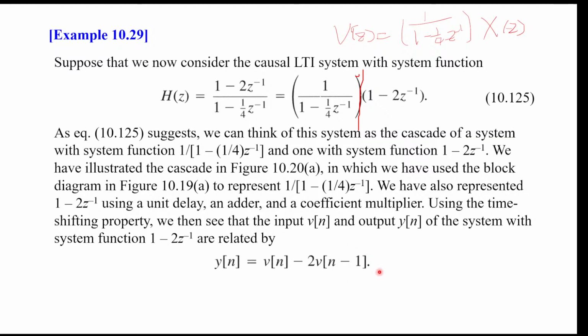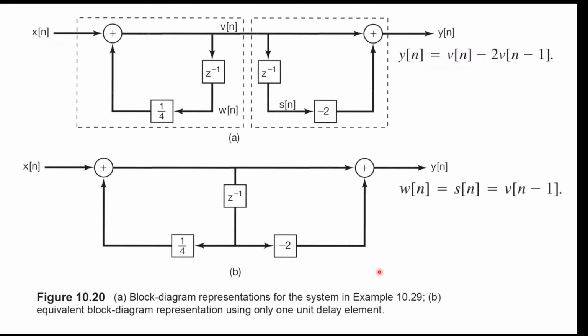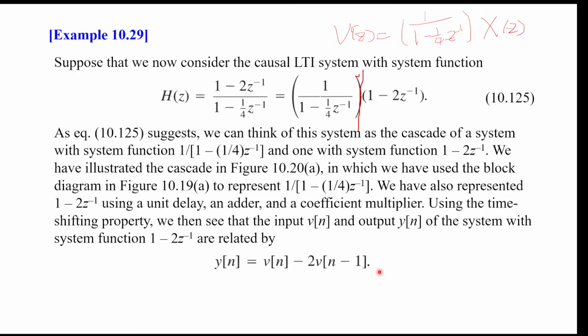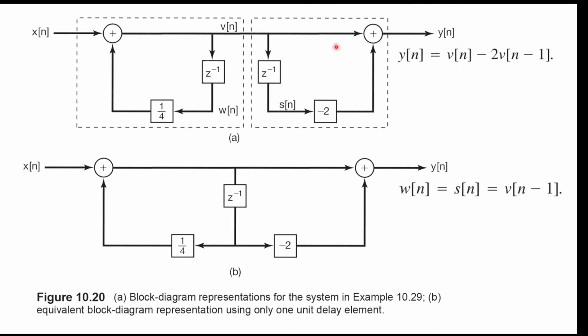Maybe it's easier to see everything in the z domain. Then we have two terms: the original term 1, and minus 2 z minus 1. So we have this big V here, and then another signal that is multiplied by minus 2 and z minus 1.